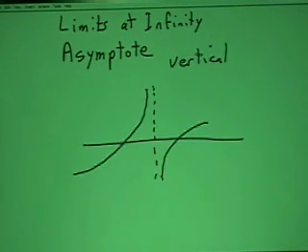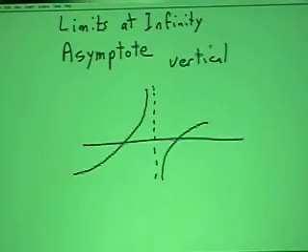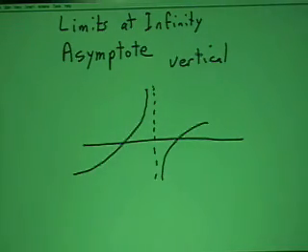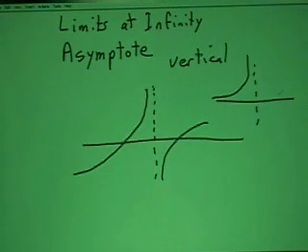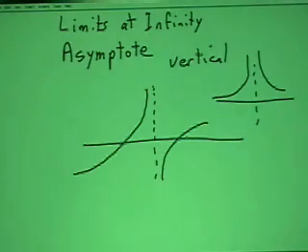So that's an example of a vertical asymptote. Of course, it doesn't have to happen that way. It could happen, where you've got the vertical asymptote here and the function just goes off to infinity that way, and maybe it comes off to infinity that way as well. So you've got vertical asymptote where the limit goes to plus infinity.